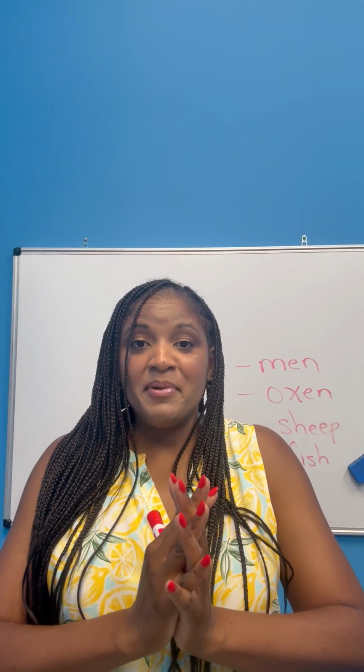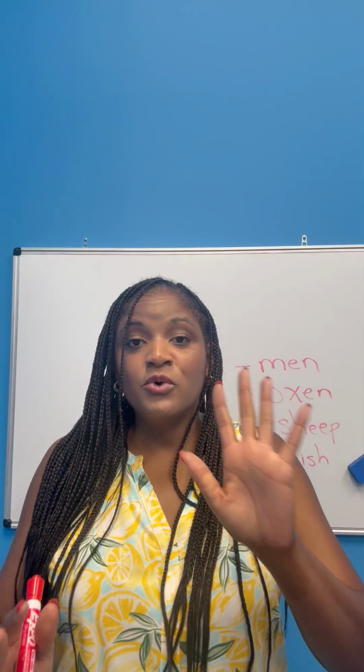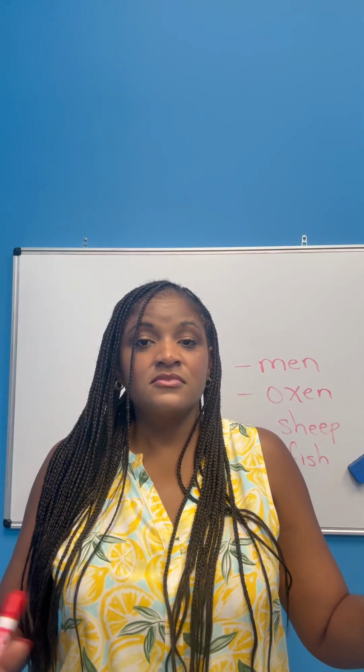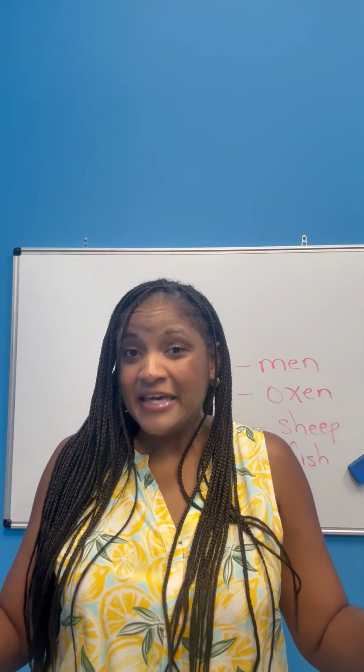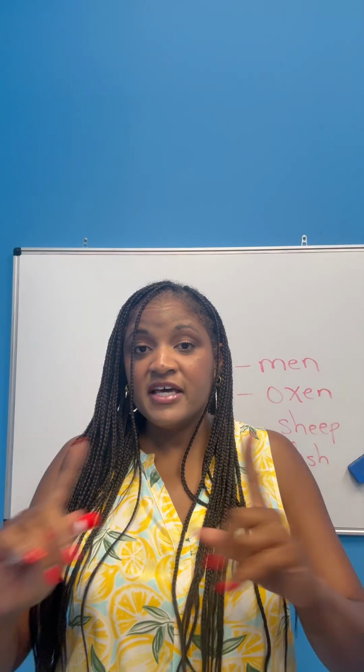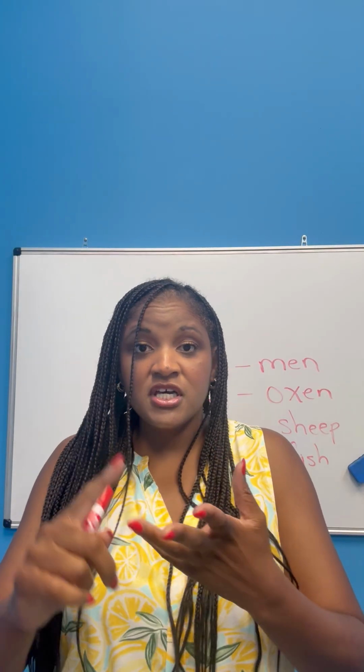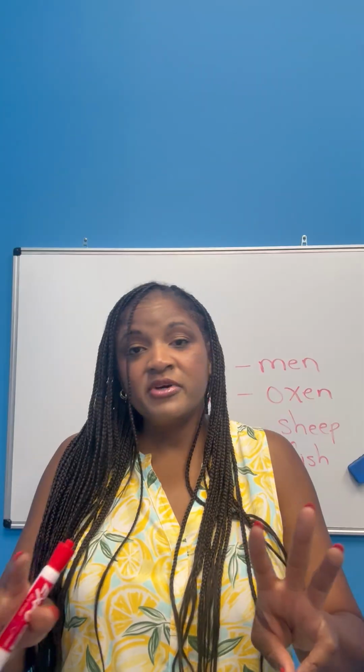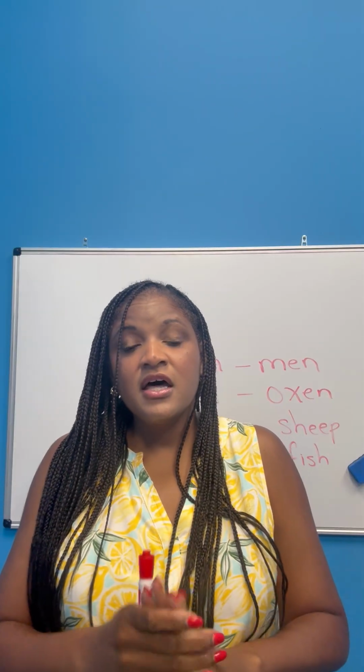So to recap, most nouns, you will just add an S, or maybe you might have to add an ES if it ends in an X, a CH, an SH. So you'll be adding ES for those.